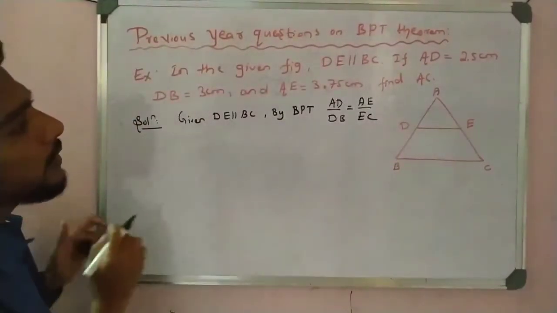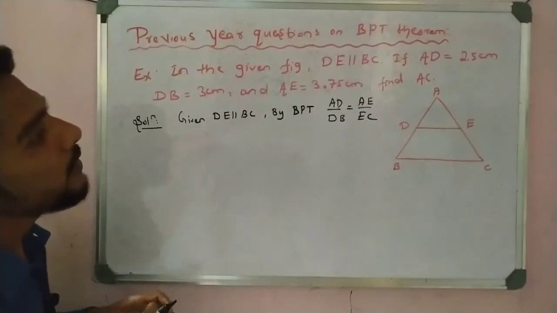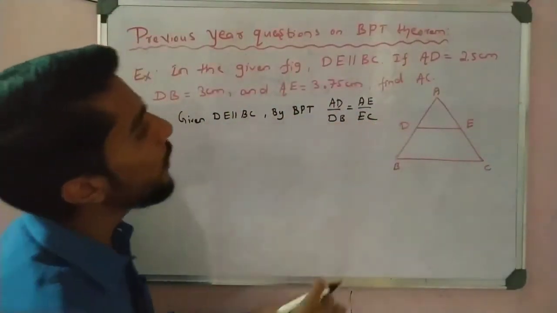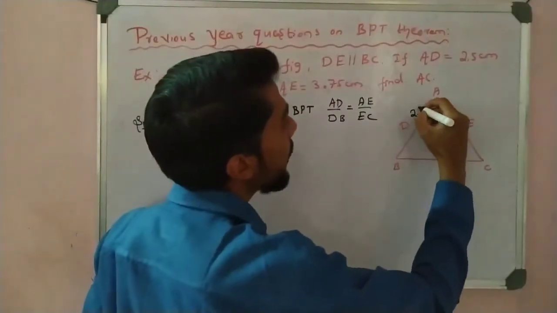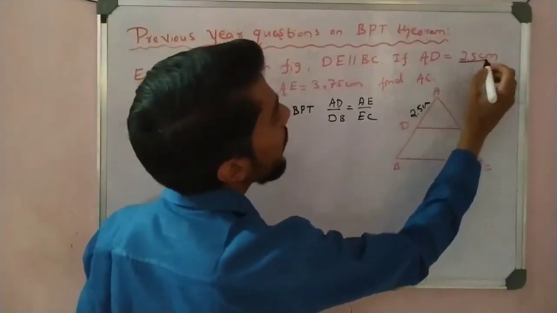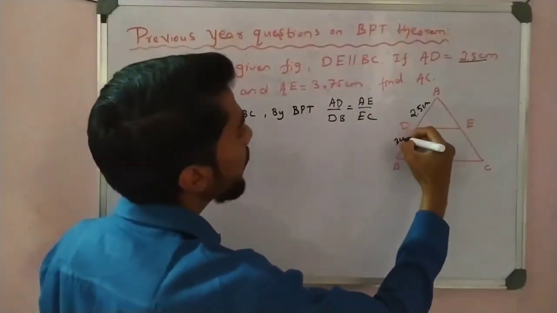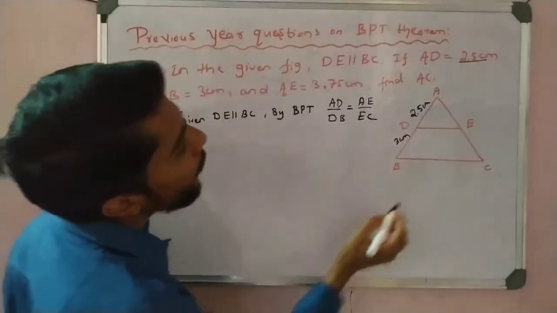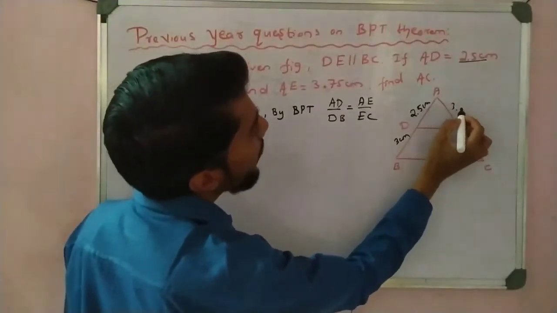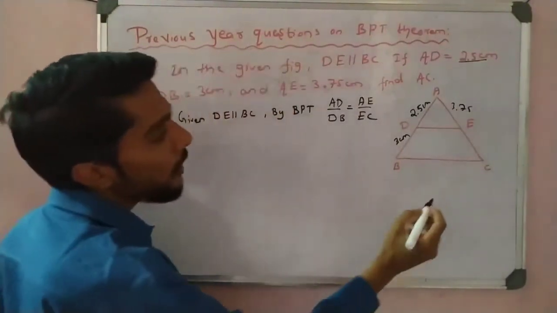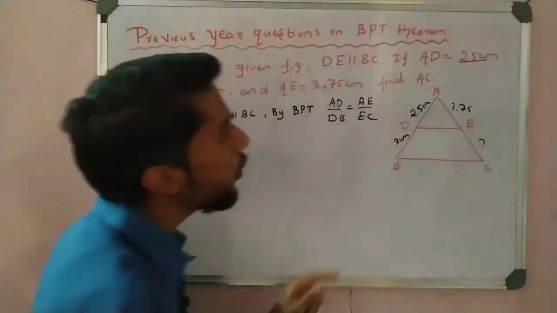AD is 2.5 centimeter, DB is 3 centimeter, and AE is 3.75 centimeter. AC is not given, that is the question mark, and we have to find the full AC.